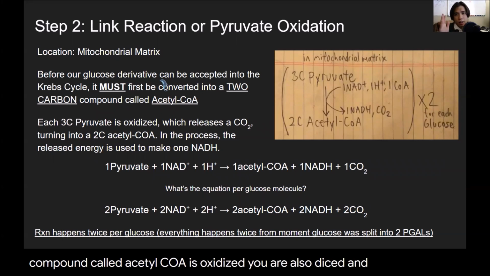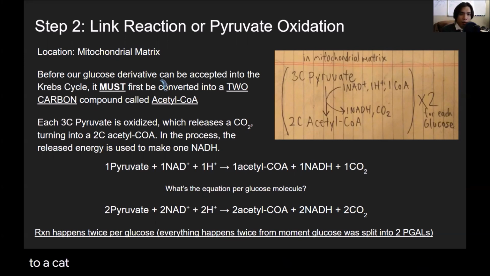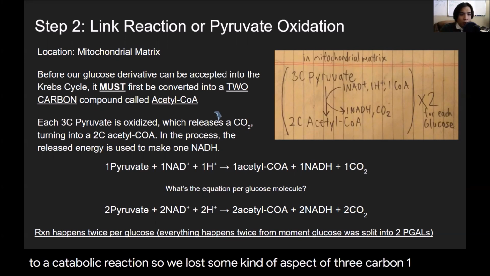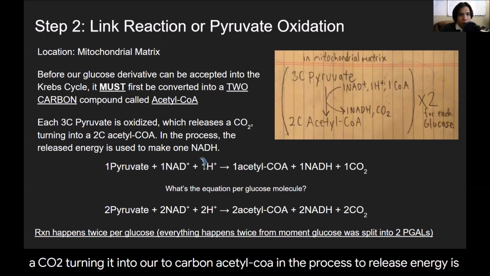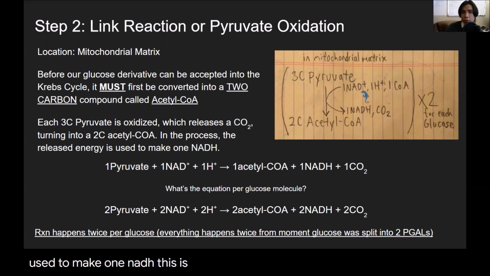Oxidized, and this is oftentimes linked to a catabolic reaction. So we lost some aspect of the 3-carbon molecule, which is the CO2, turning it into our 2-carbon acetyl-CoA. In the process, the released energy is used to make 1 NADH. This is very important to understand, so I'm going to clarify it one more time.